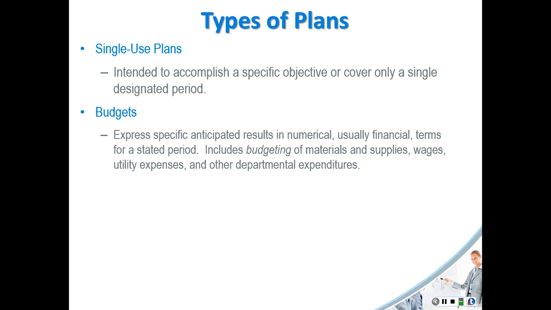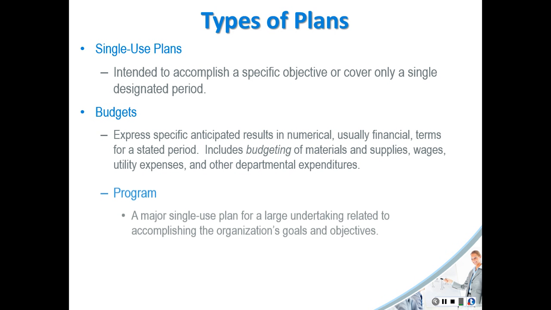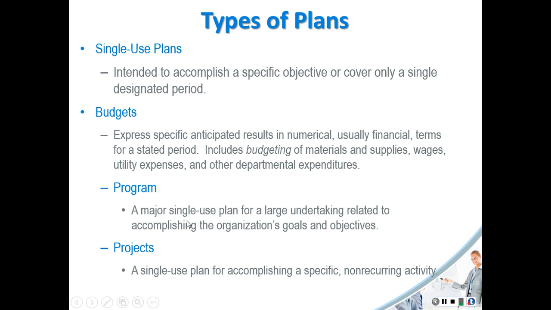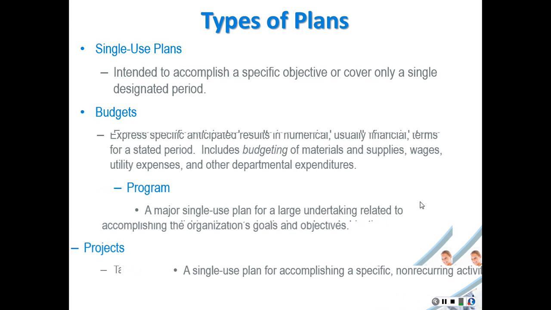Meaning, like, you have a budget of you will not spend more than $50,000 this year in your department, and it is to be used for supplies and equipment upgrades and repair, etc. That's a budget. A program is a major single-use plan for a large undertaking related to accomplishing a certain goal or objective. So that's a program. And a project is a single-use plan for accomplishing a specific non-recurring activity. It's something that's going to happen one time and probably not happen again.